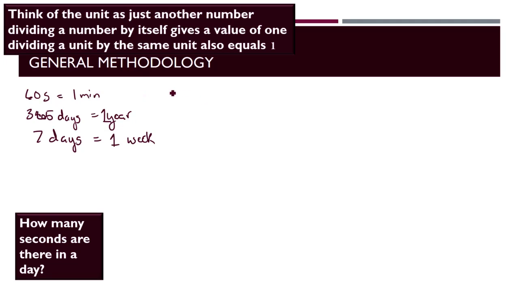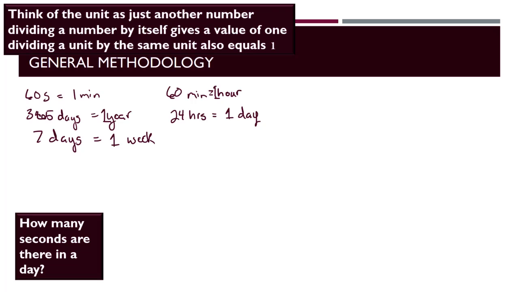Okay, I should probably write a 1 by that year. Let's see, minutes. We know that there's 60 minutes in 1 hour. We know that there's 24 hours equal to 1 day. Let's stop there. Let's see if that's enough to get us from where we started to where we want to be.